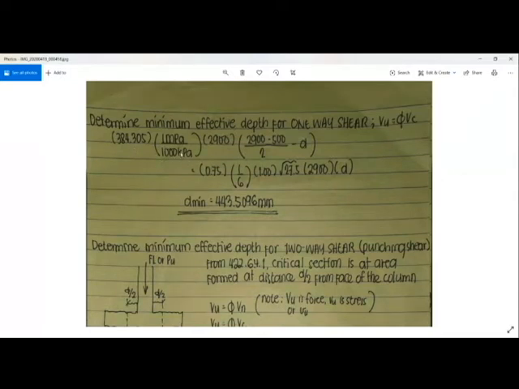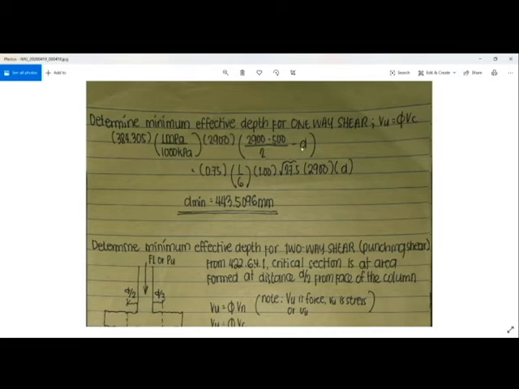I converted it into megapascal, multiplied by 2,900, because the depth should be in millimeters, multiplied by 2,900 minus 500 over 2 minus the depth.